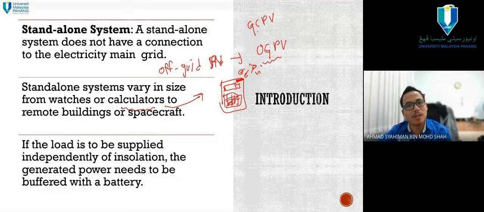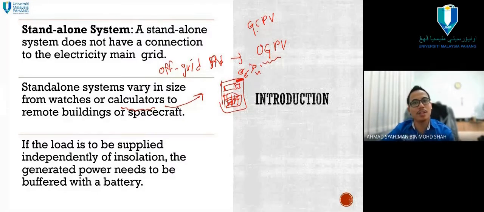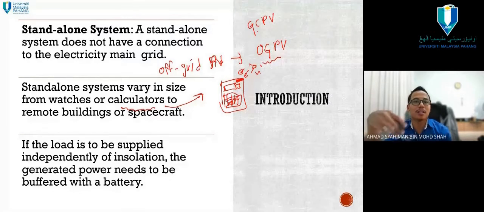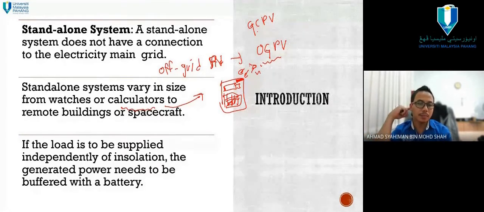So that means we get 1367 watts per square meter when you are in outer space. For astronauts, it's not relevant to us. But the only available energy resource there is the PV system, the standalone. That's why standalone is very applicable in remote systems.